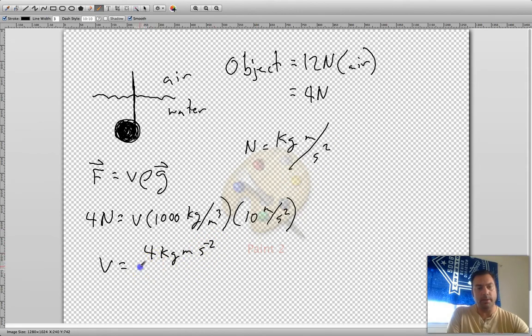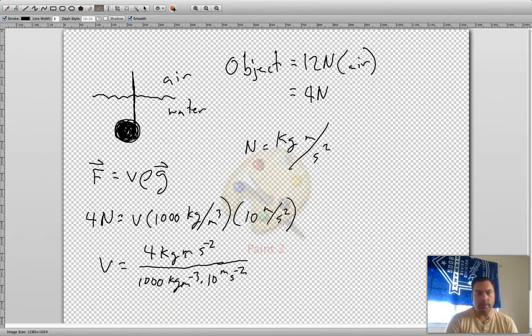I'm just writing it like that to keep things clean. It means the same thing as what I wrote above. And then down below is going to be 1,000 kilograms per meter to the -3 times 10 meters per second to the -2.